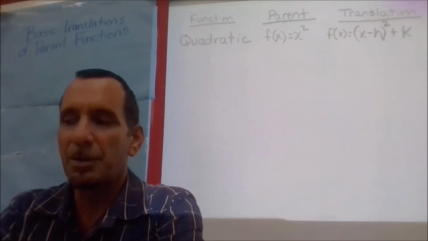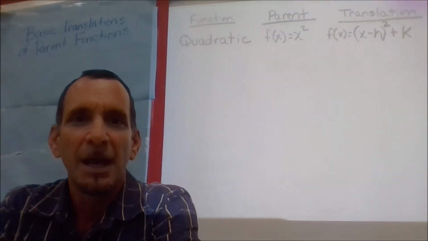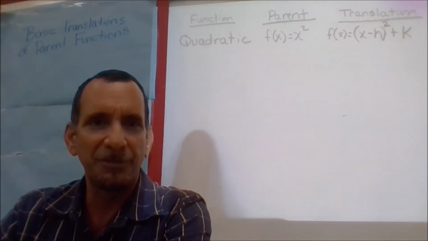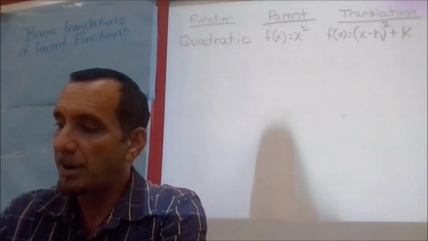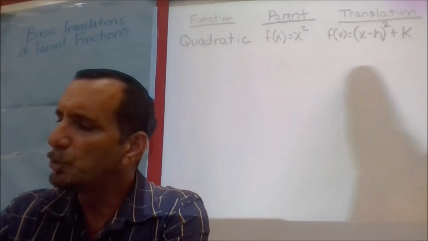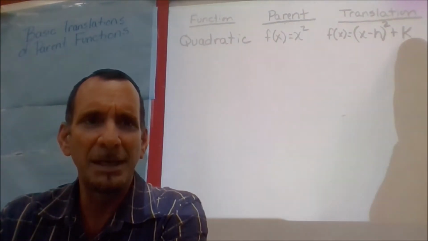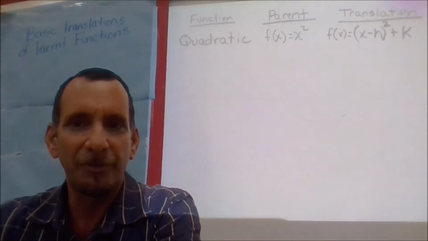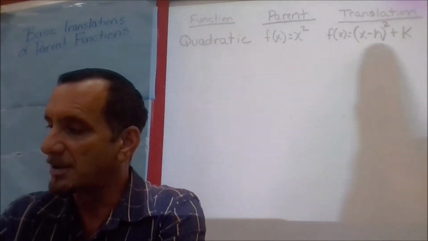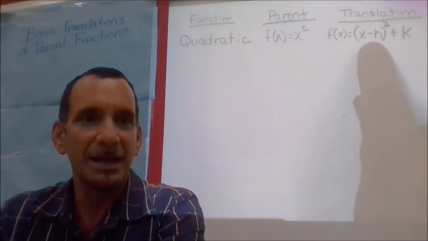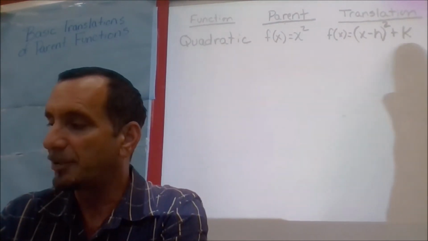So I started out with this nice little chart up here, and what we're going to do is just write down several types of functions, their parent functions, and then the rule for translating left and right and up and down. You might remember from studying any types of functions, the translation left or right and up and down is x minus h and then a plus k.